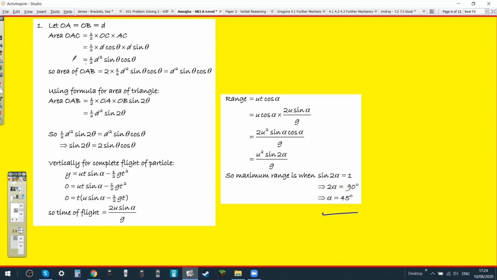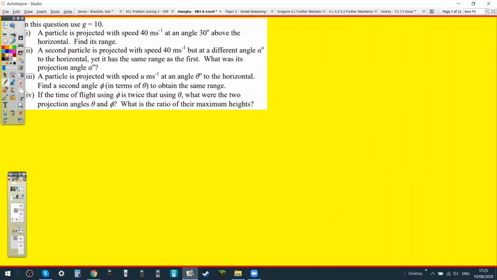So sine 2 alpha has to be 1 because that would be the maximum range. That's why it's equal to 1 and then you just solve for 45. At a maximum, sine 2 alpha is 1. Okay, makes sense. I wouldn't have gotten that. No, I get how to do it.